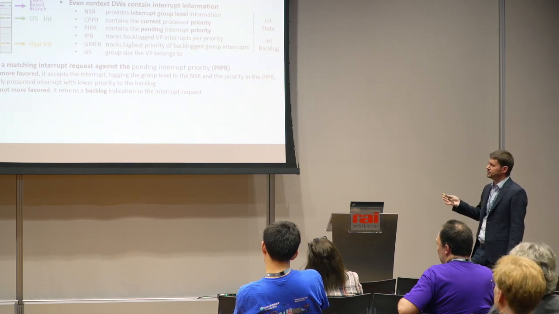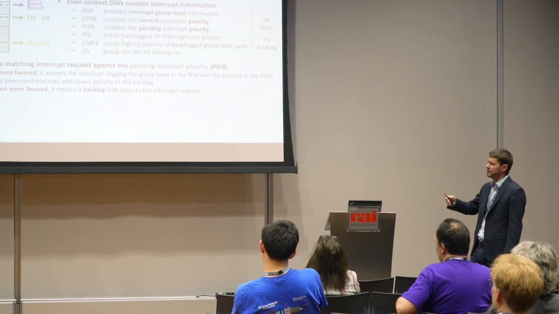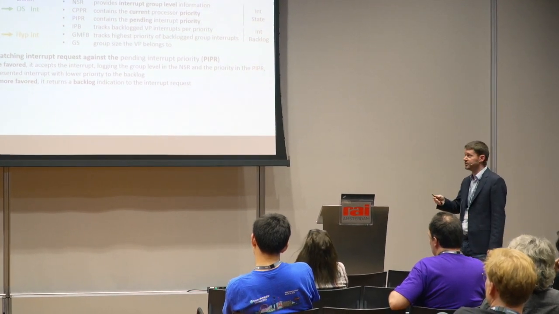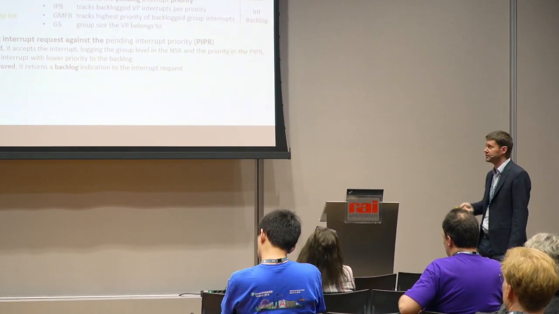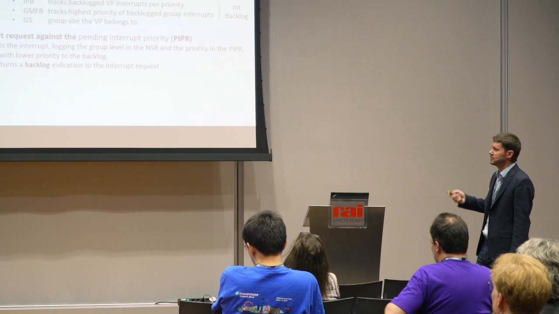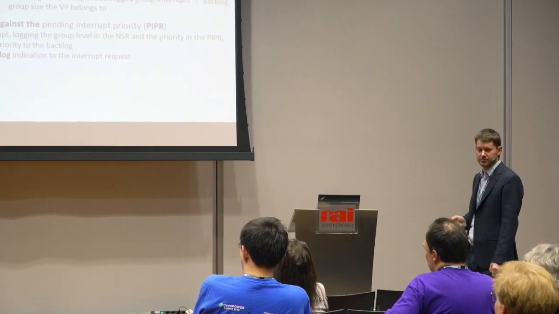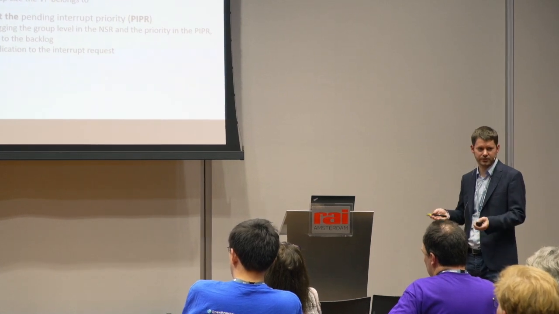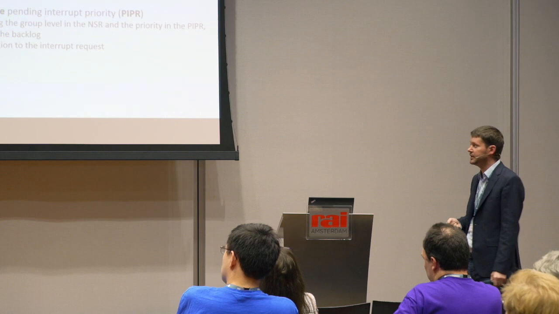So from a teamer perspective, when we get an interrupt and we determine by the virtual processor information that we have an interrupt targeting one specific context, we basically check the priority of the new interrupt against the priority of the currently pending interrupt. If there is no pending interrupt, the PIPR is equivalent to the CPPR.